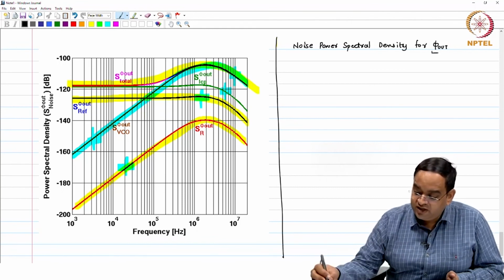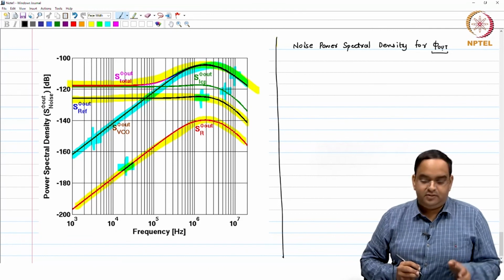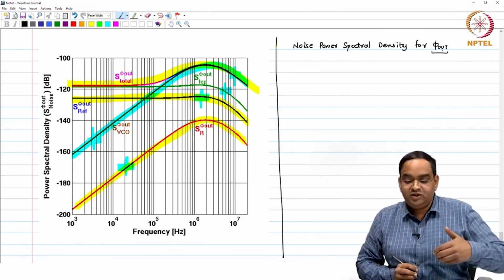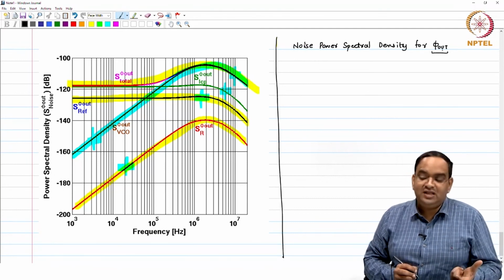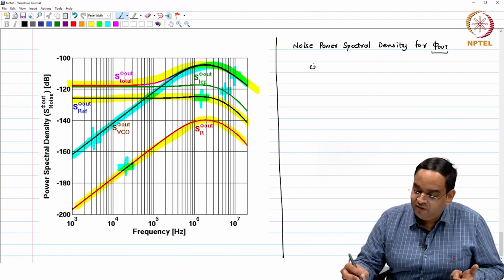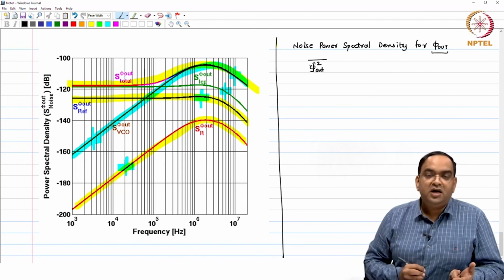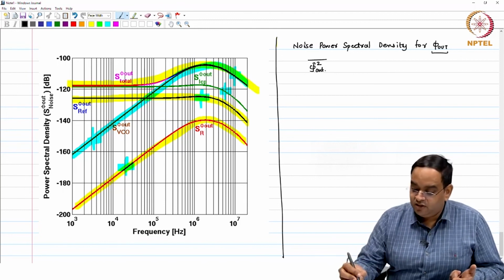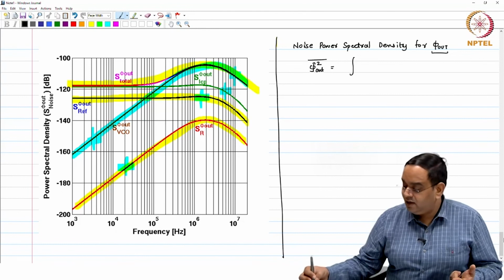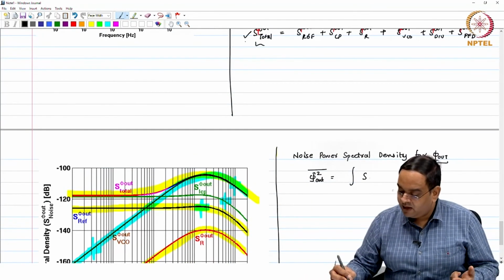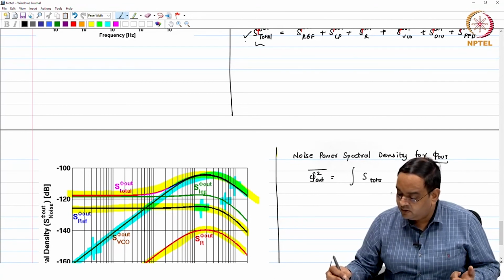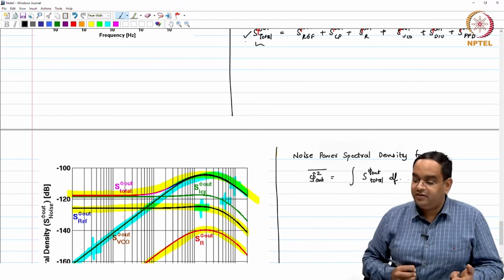So, the total noise power for the phase error, because whatever we are calculating is due to noise, is like the disturbance in the output phase. So, we can find the mean square value of the output phase error, phi out, by integrating this total output noise, S total phi out, with respect to frequency.